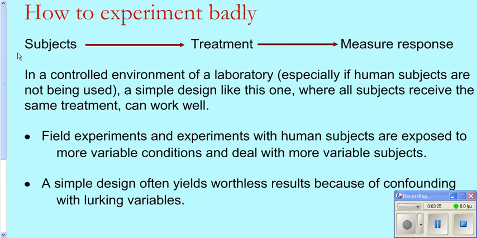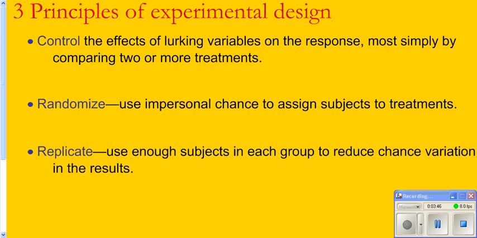And so you need to account for many other factors that influence human beings as they're out and about. So you have to have a more complicated looking design, typically, unless you're in a laboratory dealing with rats or something like that.